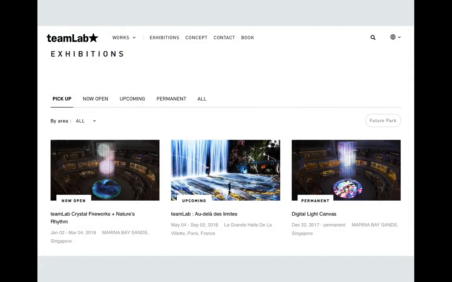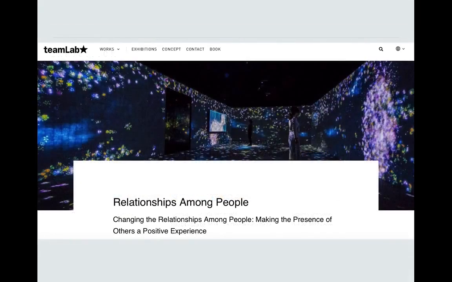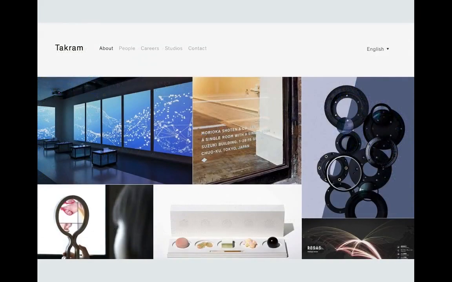Goki also identified some examples that I hope you've followed up on. In terms of teamLab, I think this piece of interaction design is particularly worth following up on. This is the relationships among people, so the interaction between a simulation and, in this case, a space with projection. So really a nice example of interaction design in place.